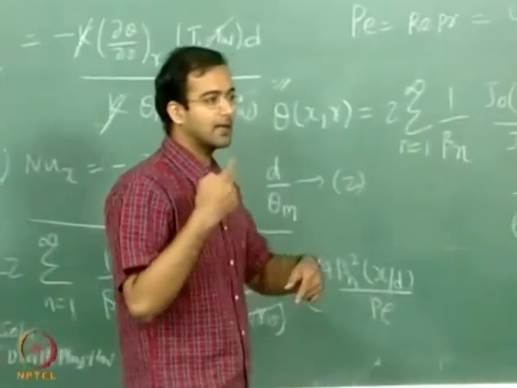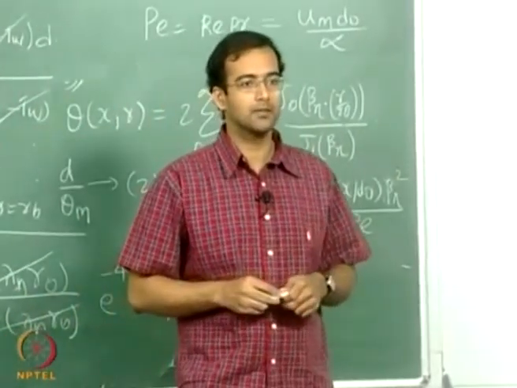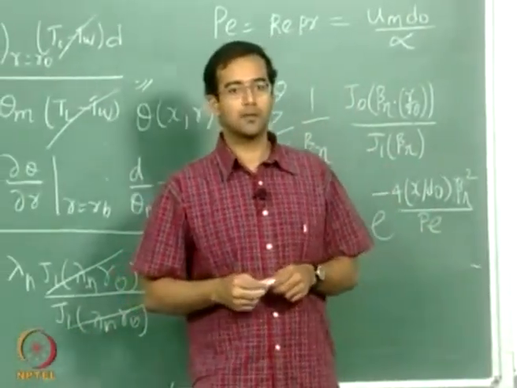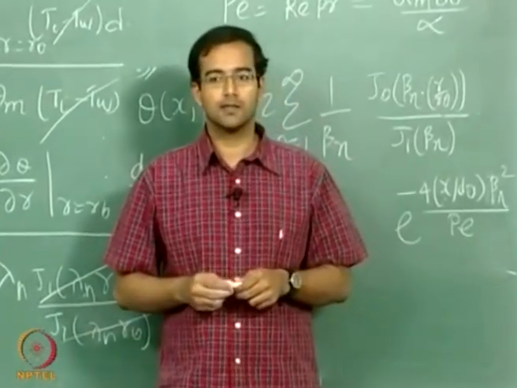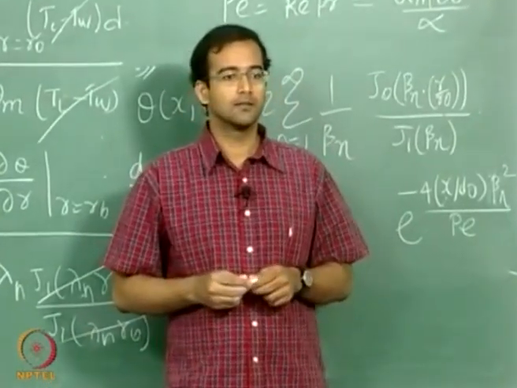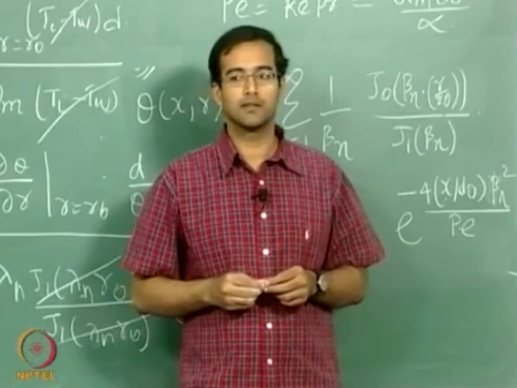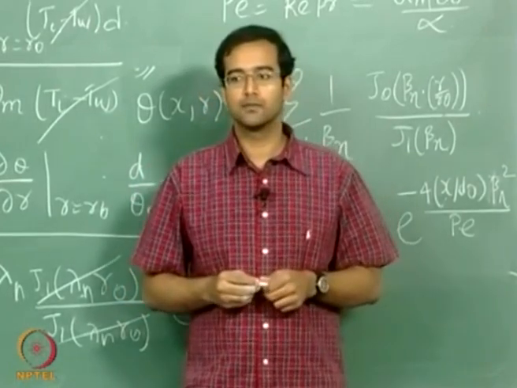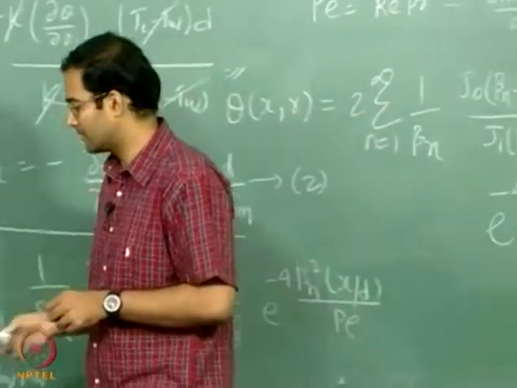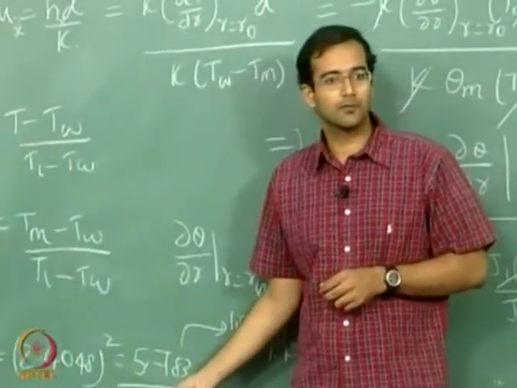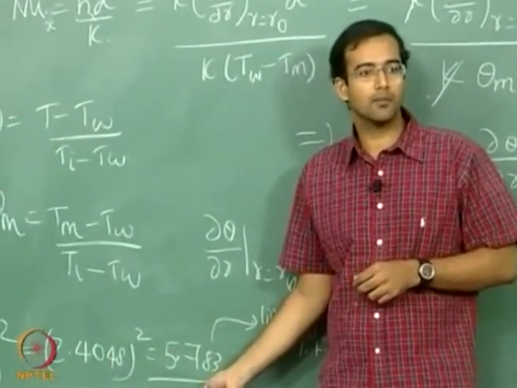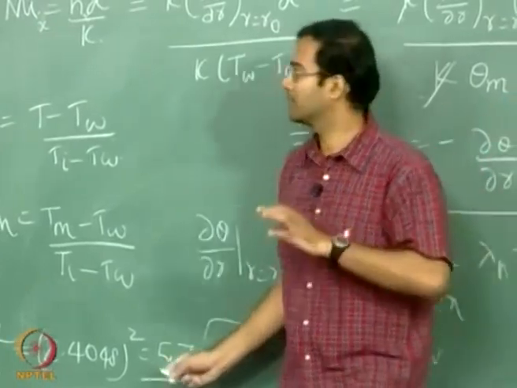Whatever we have derived earlier was with a parabolic flow. With a parabolic flow, constant wall temperature boundary condition, what was the Nusselt number? 3.6. So now this is much higher than that value, because now instead of a parabolic profile you have a uniform profile everywhere.